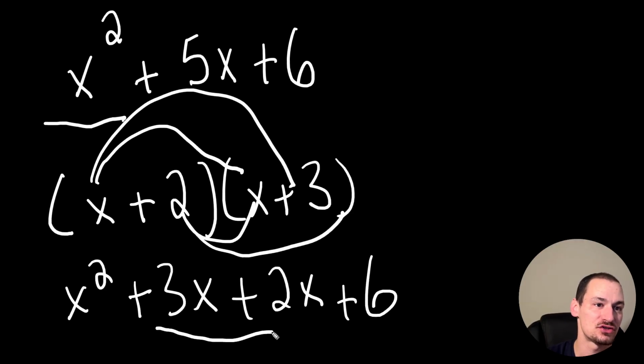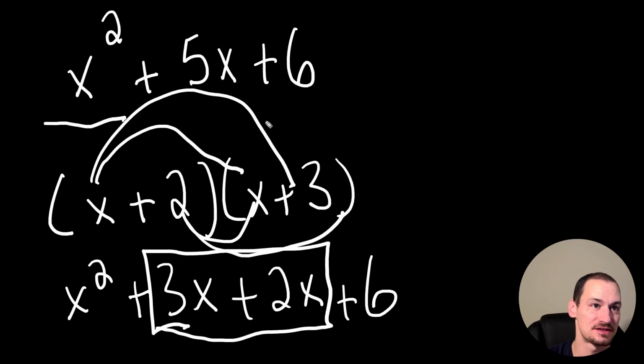Notice you have these two middle terms, which are usually like terms in these double distributions. Always for quadratics, you're going to have two linear terms that you need to combine. So that's why it goes from 4 terms to 3.